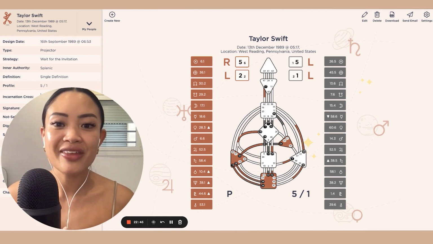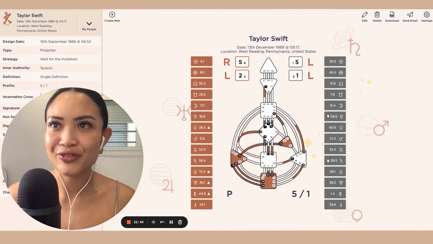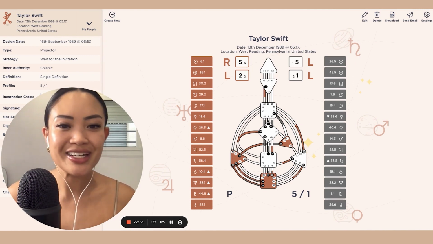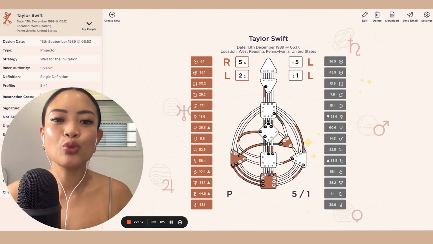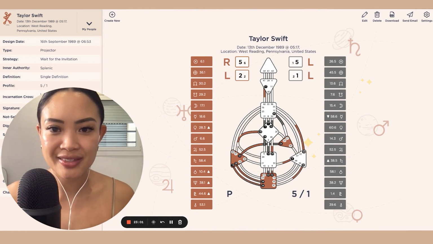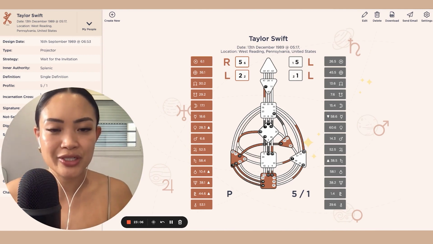And so with that, she ended up becoming one of the most successful and I would say influential artists of my generation, which is also funny because the signature theme of projectors is success, right? And one of the core characteristics of the 5-1 profile is influence and the potential for pretty large scale influence in particular. And we can see that through Taylor Swift.